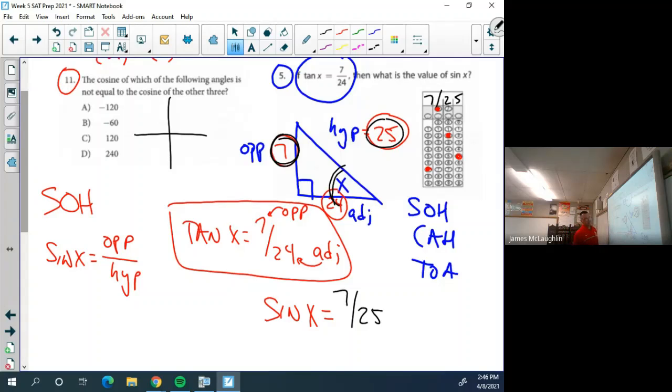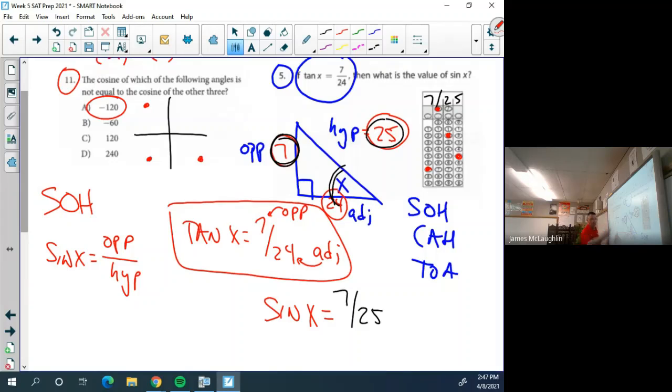The cosine of which of the following angles is not equal to the cosine of the other 3? So if we plot these angles here, first of all, where's -120? -120 would be back in this direction, probably right about there. -60 would be right about there. +120 would get us right there.